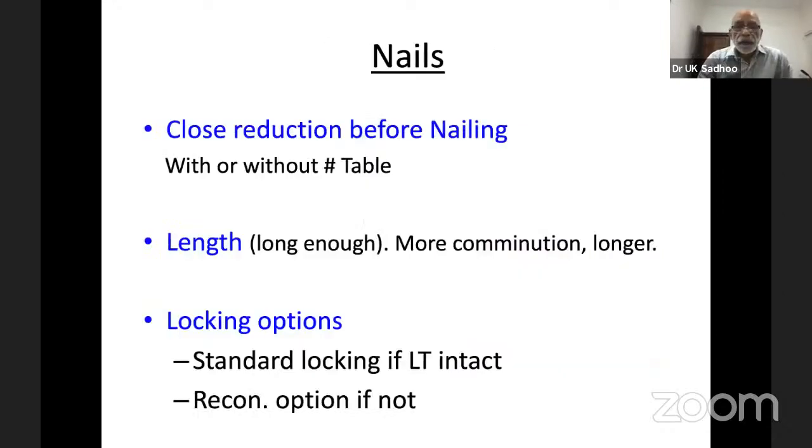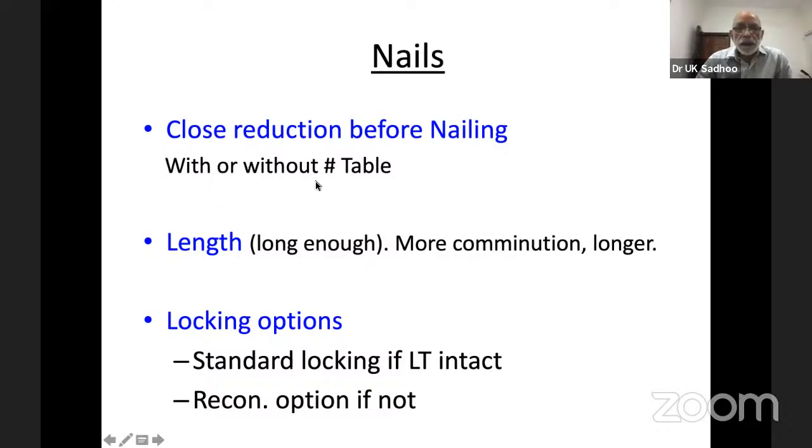Coming to the preferred option of nails, there are some parameters. One, apart from the adequate length, is that you have to have a reduction before you start reaming or nailing. Now, this point will be emphasized again.